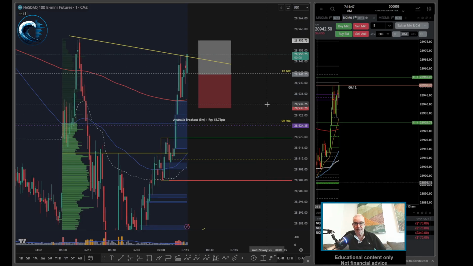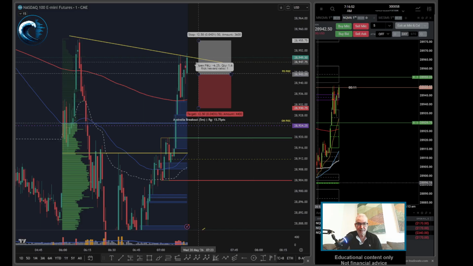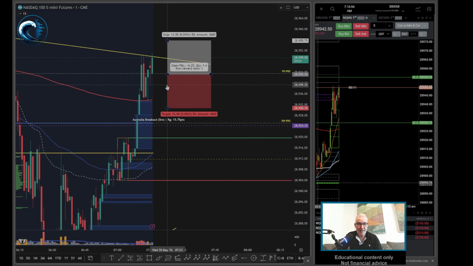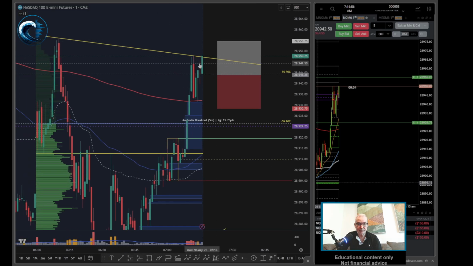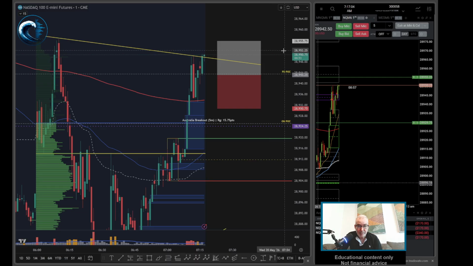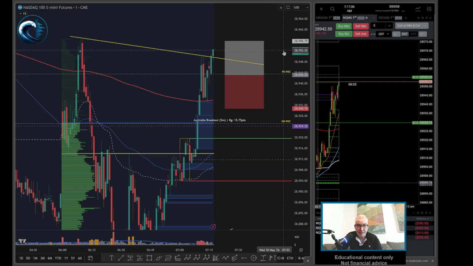Bloody hell, I think I'm gonna cop this one. It's a bit bull flaggy. This next candle is probably going to be pretty telling. If that goes above, I'm probably in trouble. And I'm in trouble.